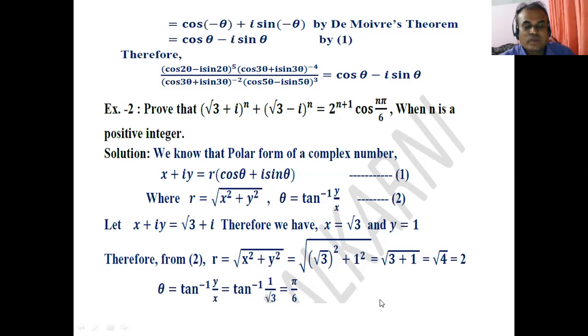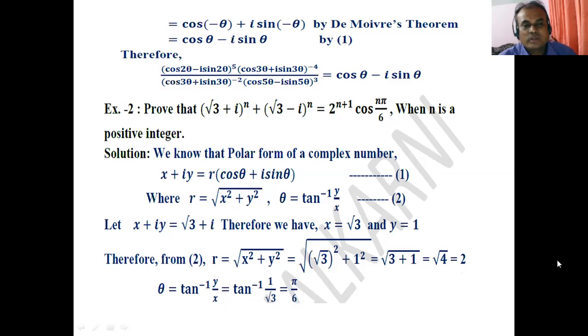Using this triangle, the ratio of the opposite side to the adjacent side gives tan inverse of 1 upon root 3 equal to pi by 6. Okay, so theta equals the angle pi by 6, by using the triangle rule.